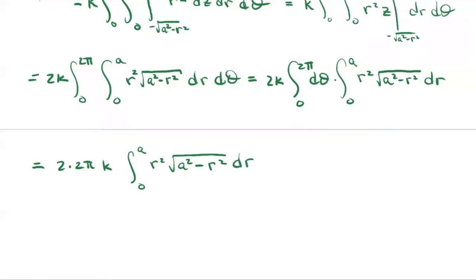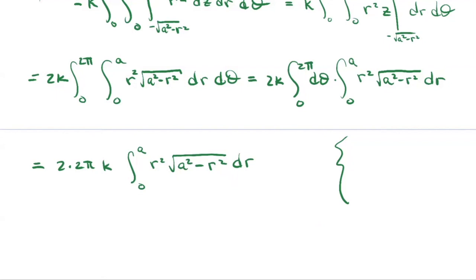Now the normal approach to this is to do a trig substitution. So this is going to be a little tricky because we've already gotten rid of our theta. Let's use a t instead of a theta just to keep it simple.